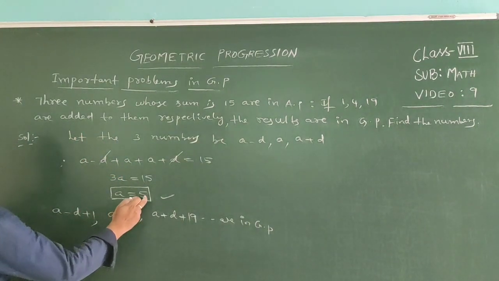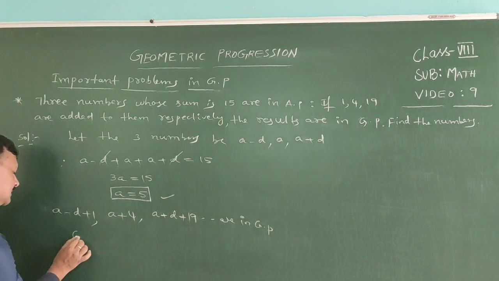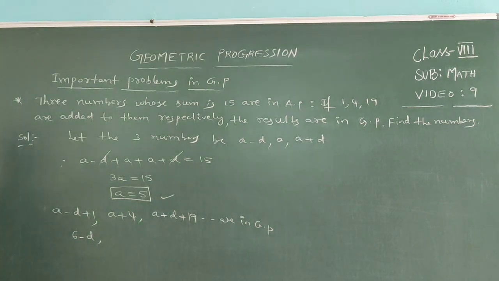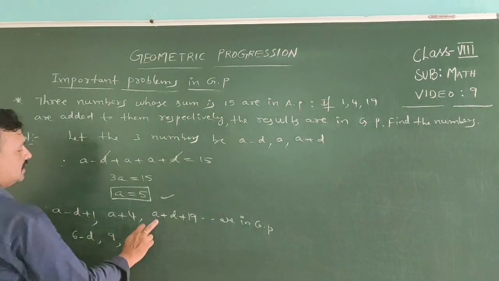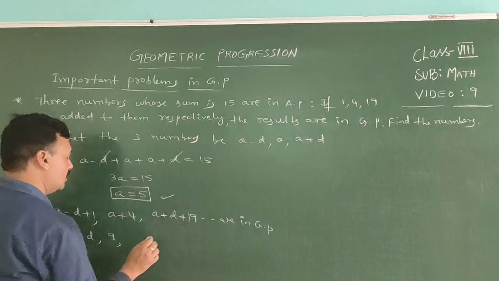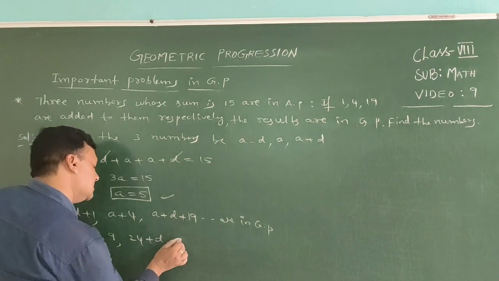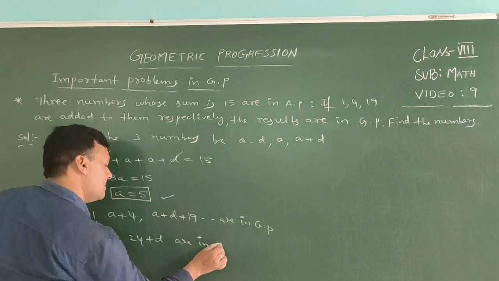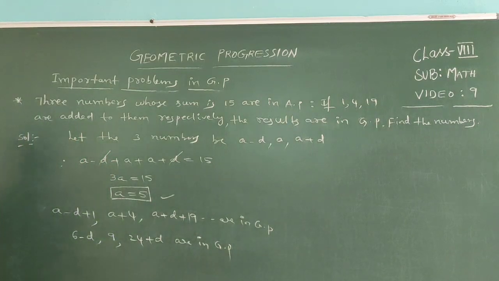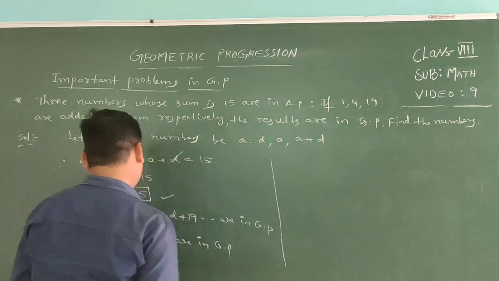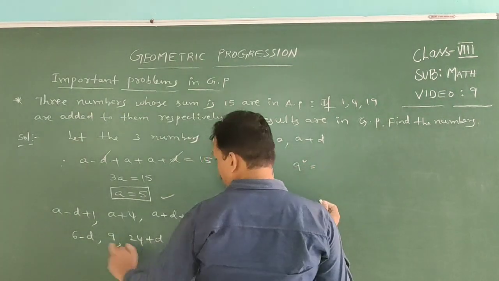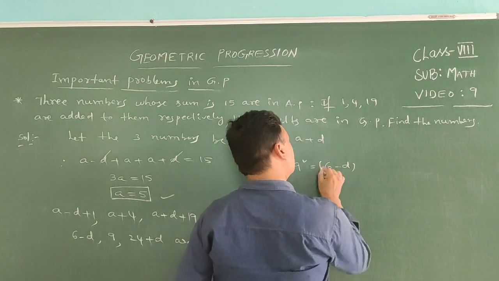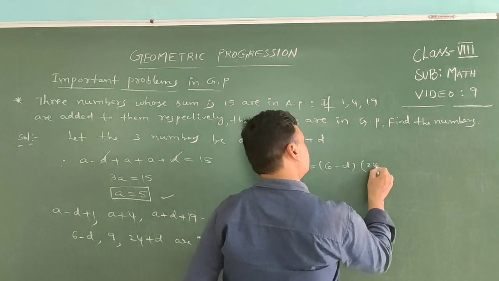So we got A value 5. 5 plus 1, 6, 6 minus D. Here 5 plus 4, 9. Next, A means 5, 5 plus 19, 24 plus D are in GP. We know if three numbers are in GP, then B square equal to AC. Meaning 9 square equal to 6 minus D into 24 plus D.